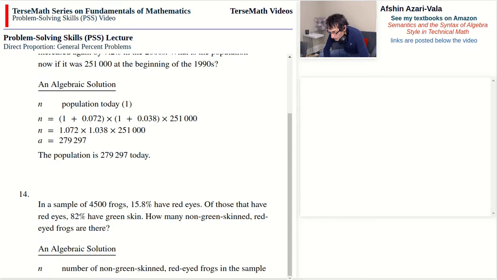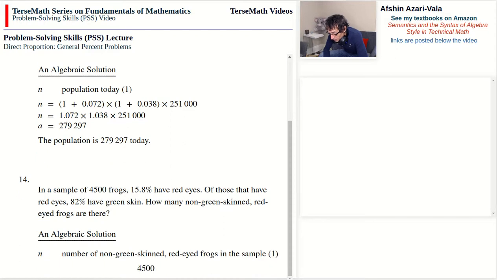Alright, so with n representing the number of non-green skinned red-eyed frogs in the sample, unit 1, we start with the initial number of frogs, which is 4,500, and then we find 15.8% of that. This will give us the number of red-eyed frogs in the sample. 15.8% of the total number of frogs.